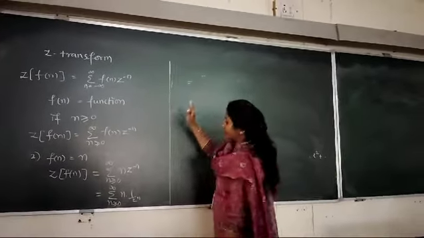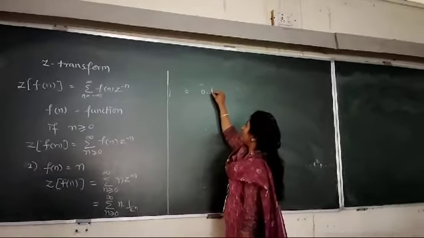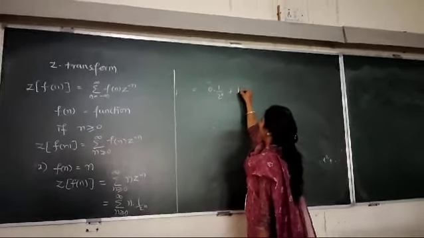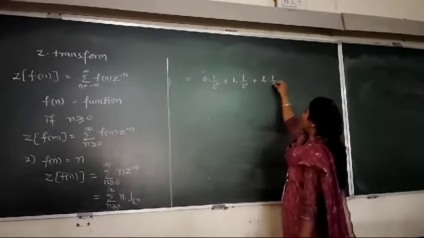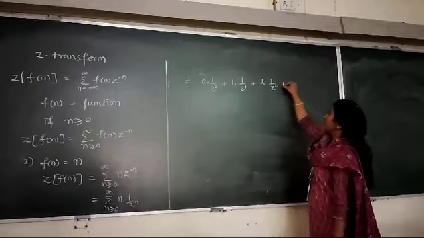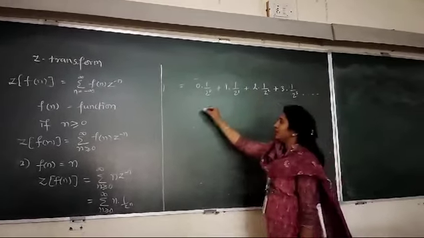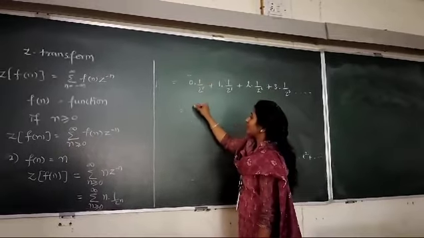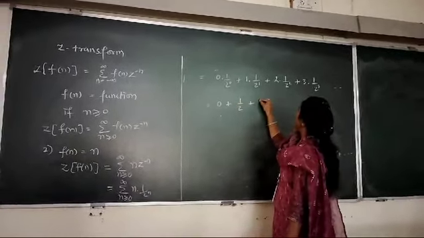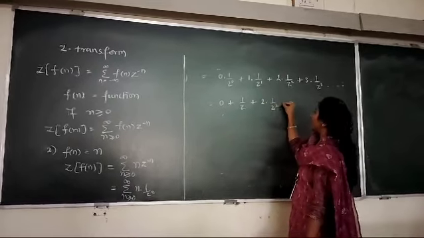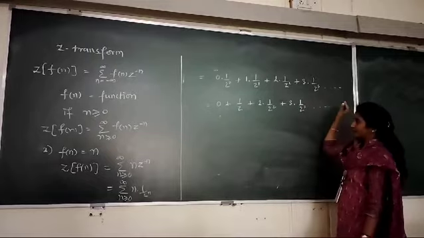When we expand it, putting 0, 1, 2 and so on: 0 times 1 upon z to the 0, 1 times 1 upon z, 2 times 1 upon z square, 3 times 1 upon z cube, and so on. Multiplying by 0, anything is 0, plus 1 upon z, 2 upon z square, 3 upon z cube, and so on.